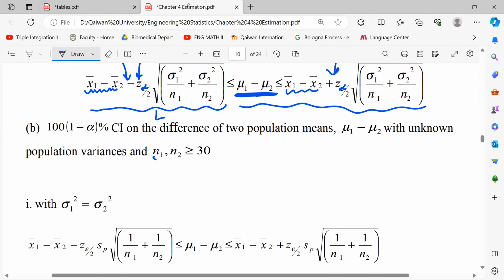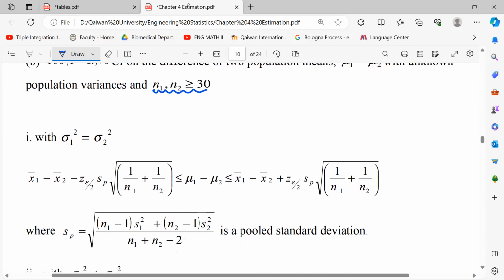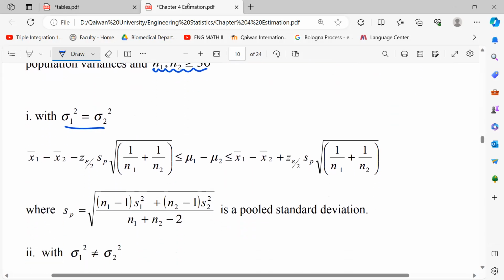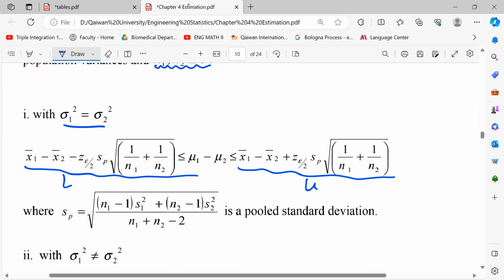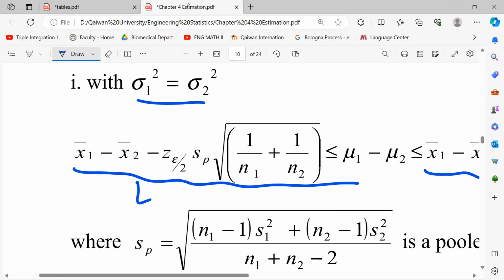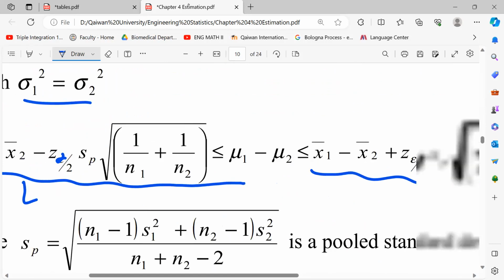If n1 and n2 are greater than 30, we look at their variances, if their variances are equal or not. If the variances are equal, we use this rule. This is L and this is U. These epsilons mean alpha. These are alpha, okay?